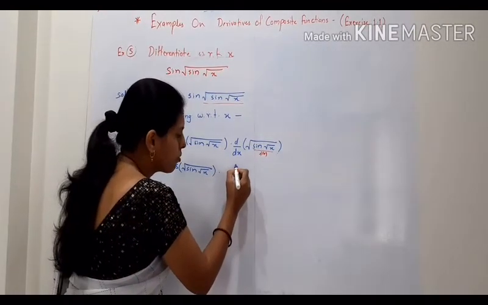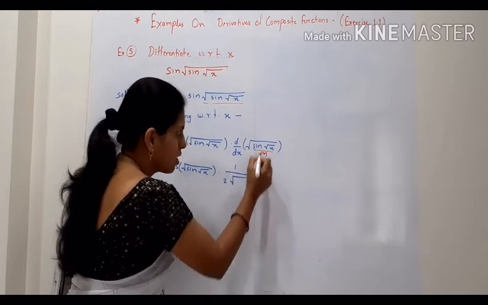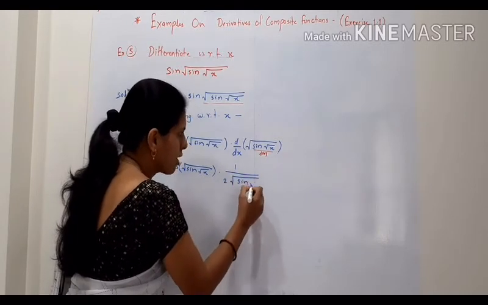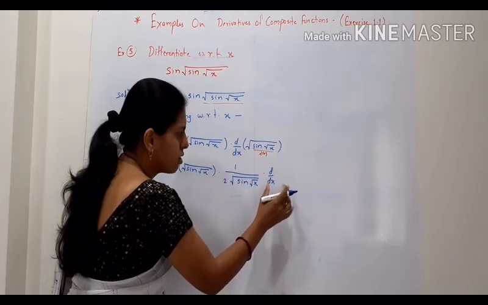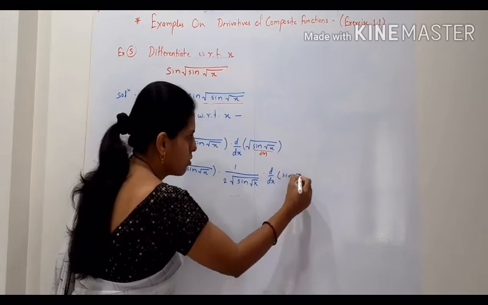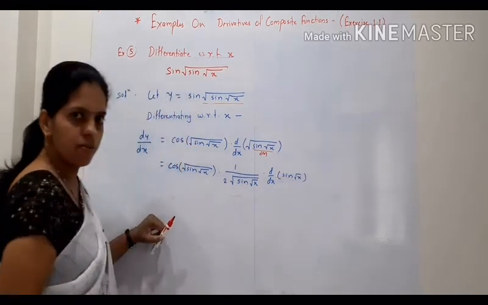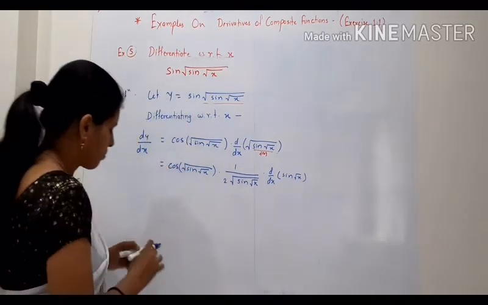The formula for root fx is 1 upon 2 root fx, where fx is sin root x, multiplied by f dash of x, that is derivative of fx. Next we take the derivative of this quantity only here.